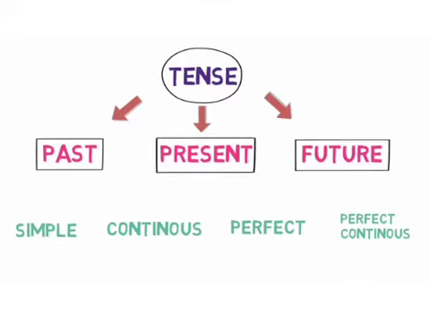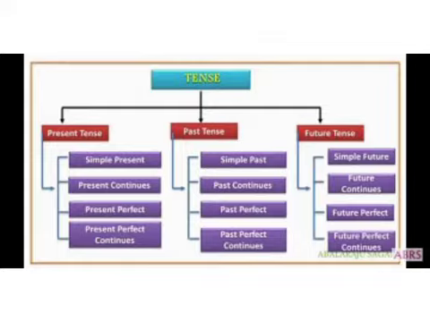In past tense, we have got four subdivisions, that is simple past, past continuous, past perfect, and past perfect continuous. In future tense, we have got four. They are simple future, future continuous, future perfect, and future perfect continuous. So totally we have got 12 tenses.